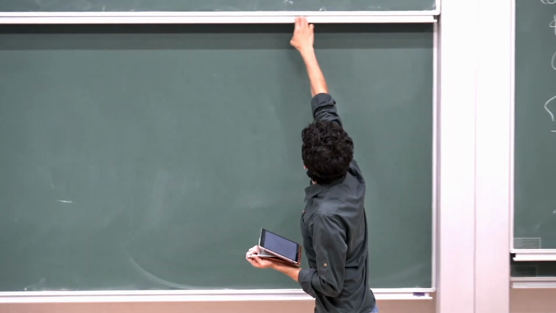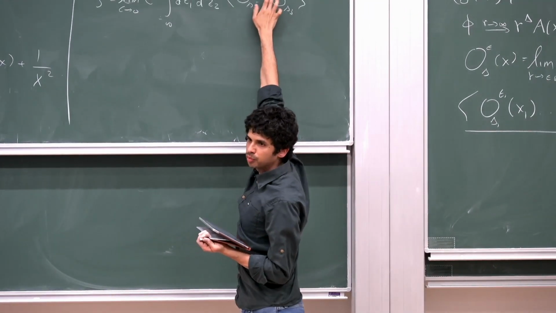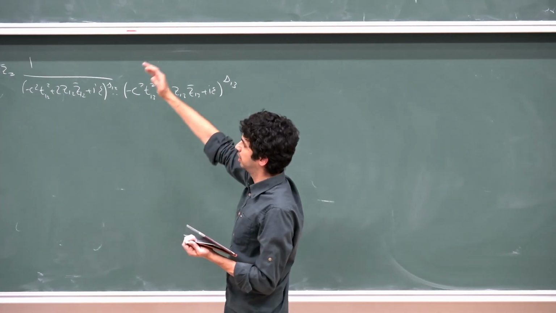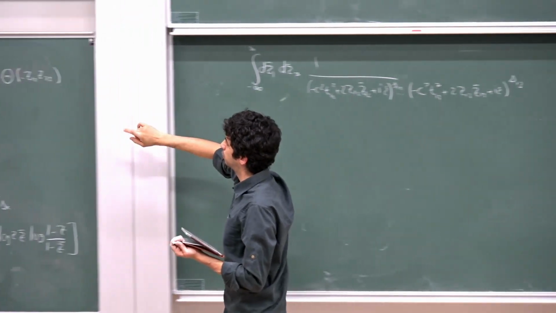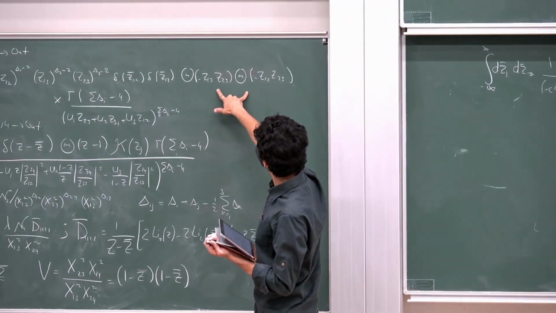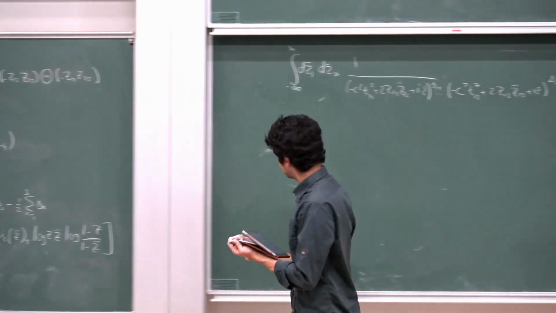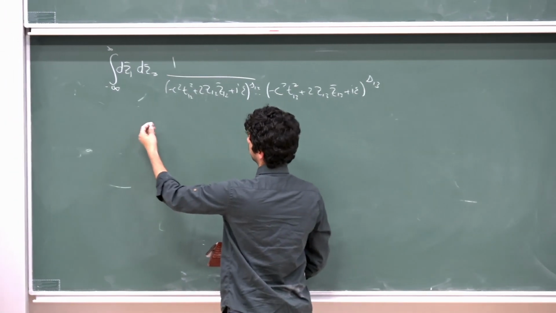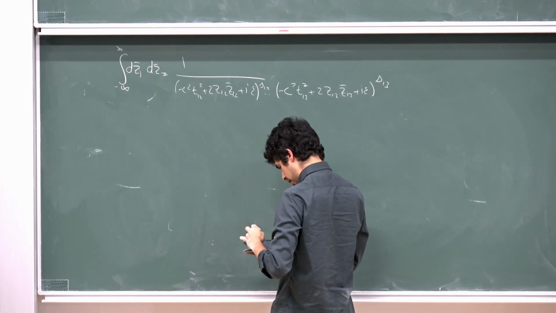I've already reproduced the delta functions by assumption. If this limit exists, then the delta functions are reproduced. So the next thing to show you is that these theta functions can be reproduced. And to do that, again, I'll sketch it out, but I won't show you all the details.